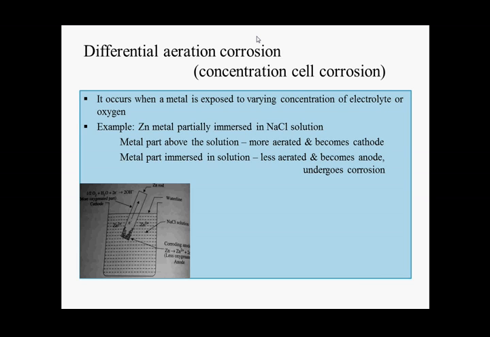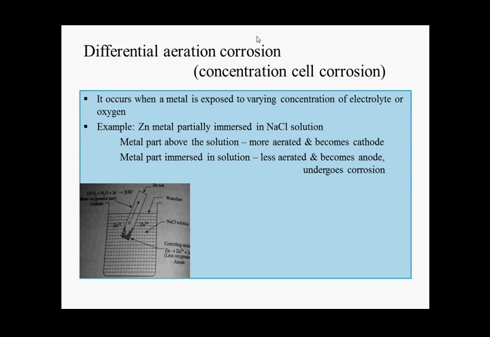The metal part which is in contact with the solution or moisture undergoes corrosion because it has less oxygen, it is the less aerated part, and it acts as anode and undergoes corrosion. The metal part which is not in contact with the solution or moisture is more aerated and acts as cathode and will not undergo corrosion.